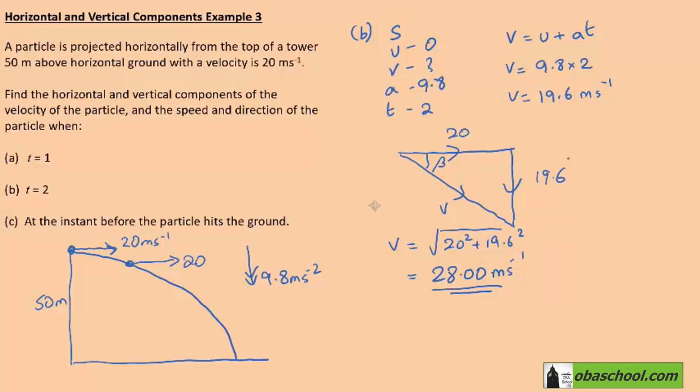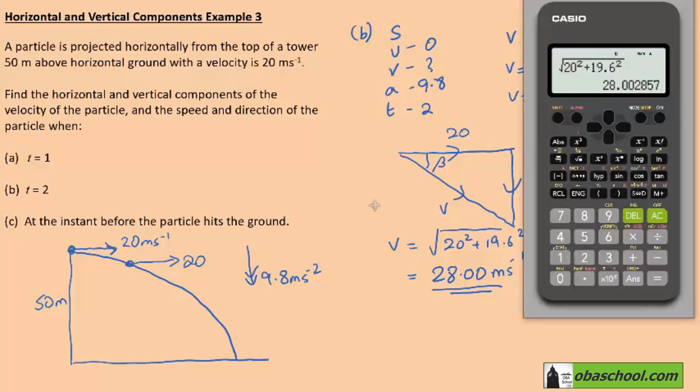And then we want the angle, beta. Well, that would be the inverse tangent of 19.6 divided by 20. That'd be close to 45 degrees, I would think.